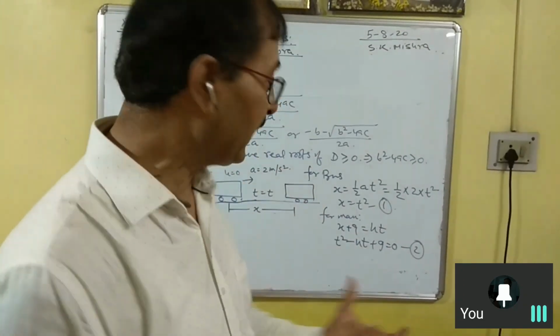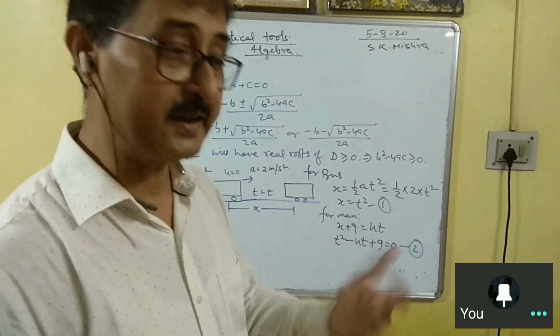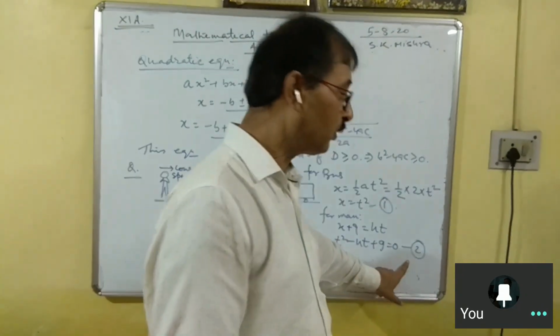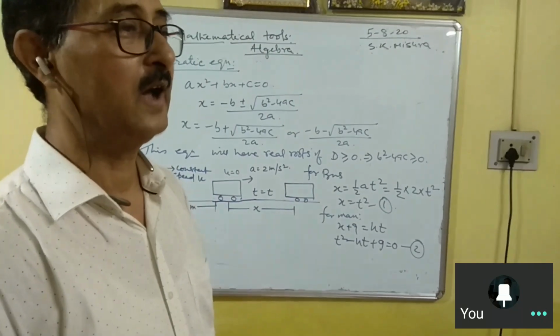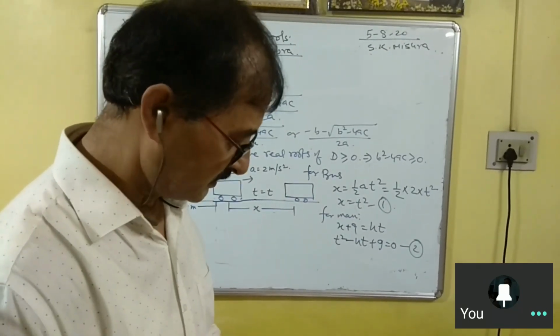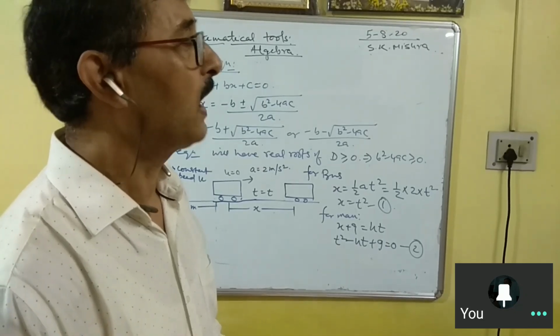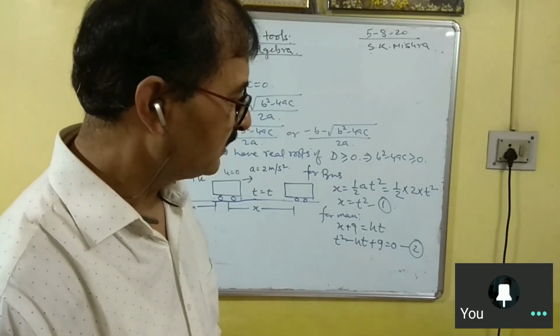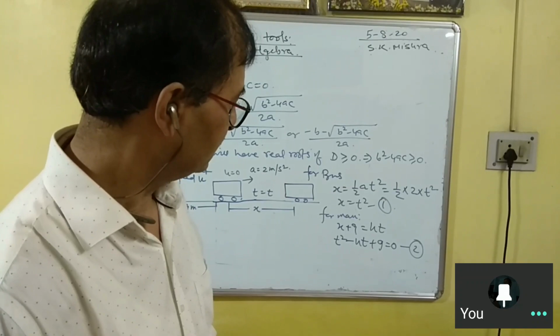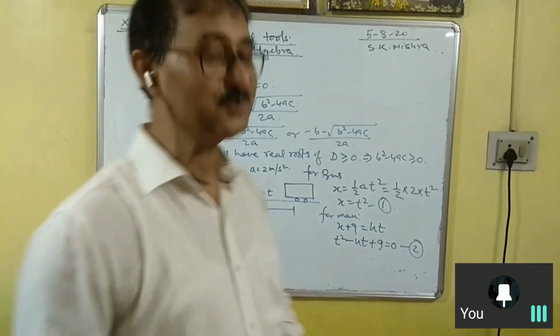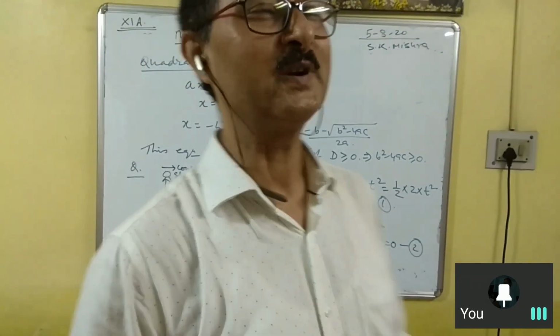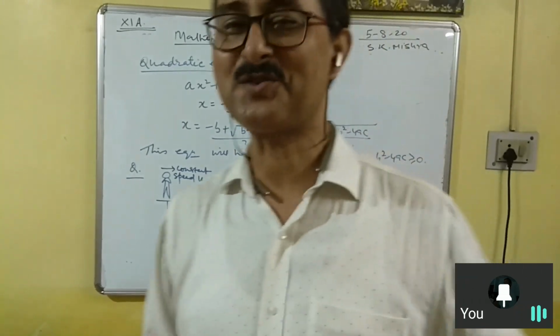How can you find the value of u or t by using only one equation? That's why the use of quadratic equation is involved.